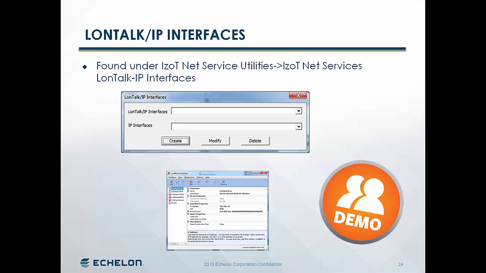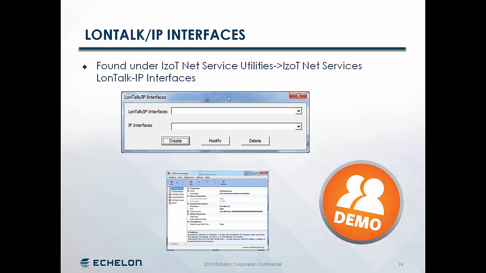So before we can use applications such as node-util or IzoT, we need to set up a LonTalk IP interface. And we can do that by using the LonTalk IP Interfaces application, which is found under IzoT Net Service Utilities, and it's called within that program group IzoT Net Services LonTalk IP Interfaces.